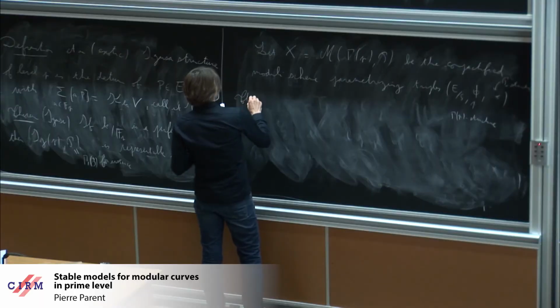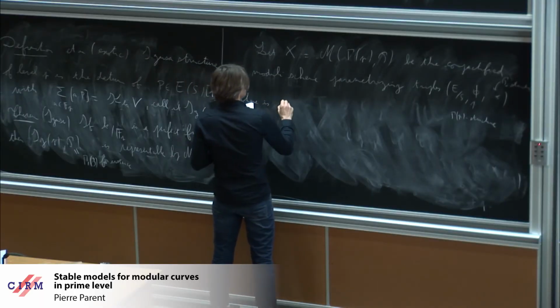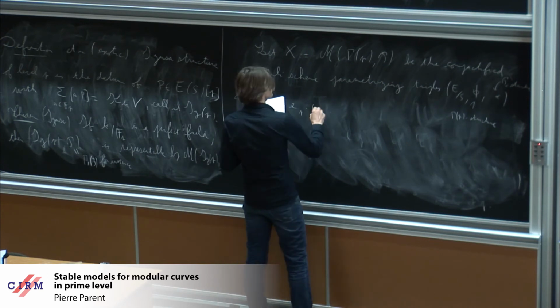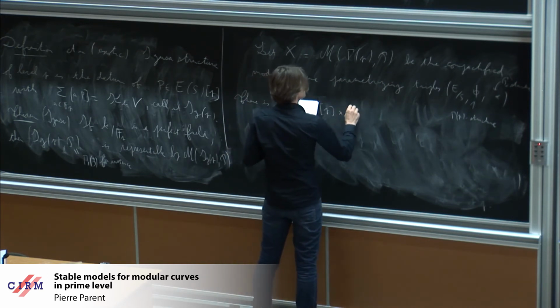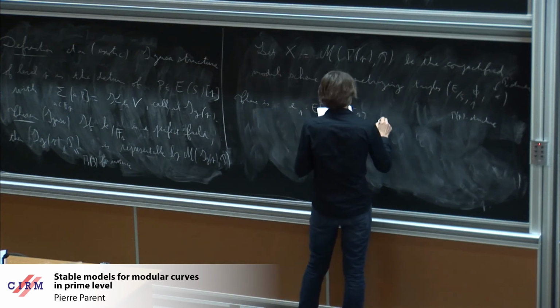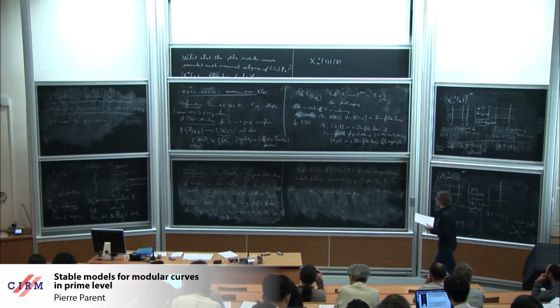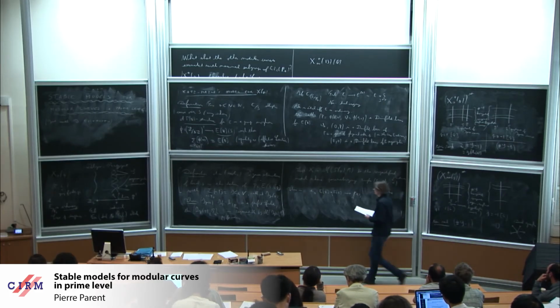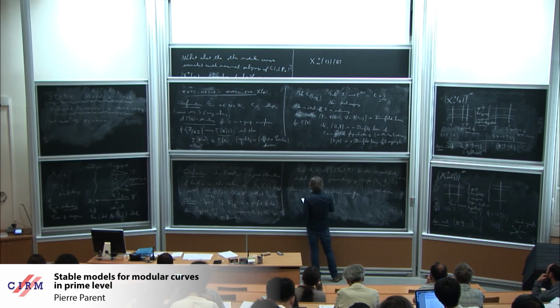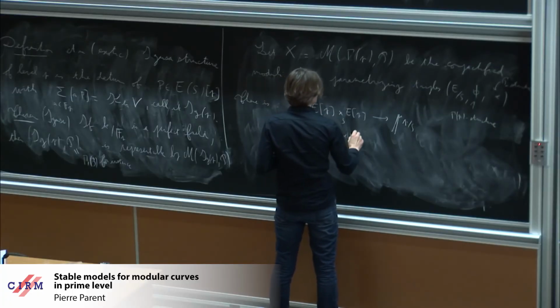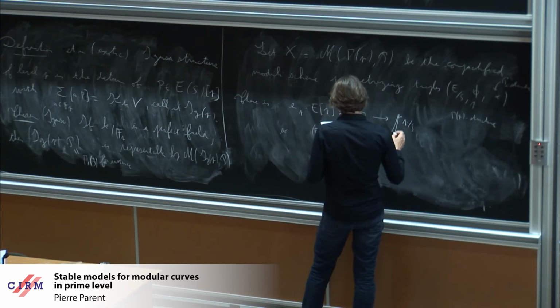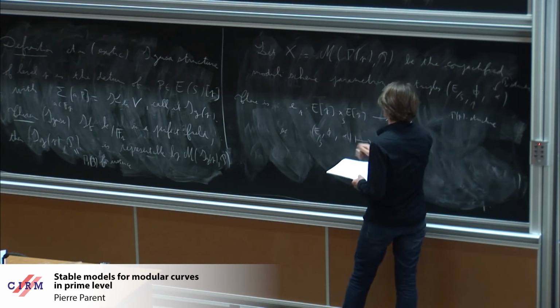So there is the Weil pairing, e_P, which goes from E[P] cross E[P] over S to the P-th roots of unity, and which to such a triple associates the pairing of the image of a Drinfeld basis.